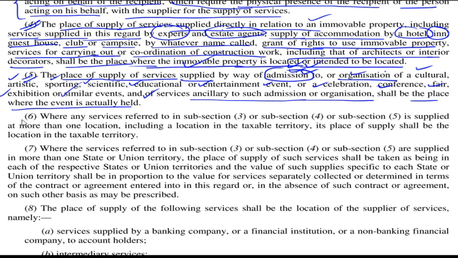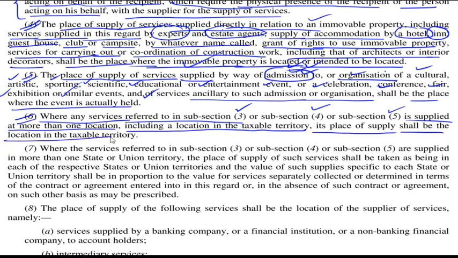Let's see what subsection 6 prescribes. Where any service referred to in subsection 3, subsection 4 or subsection 5 is supplied at more than one location, including a location in the taxable territory, then its place of supply shall be the location in the taxable territory.